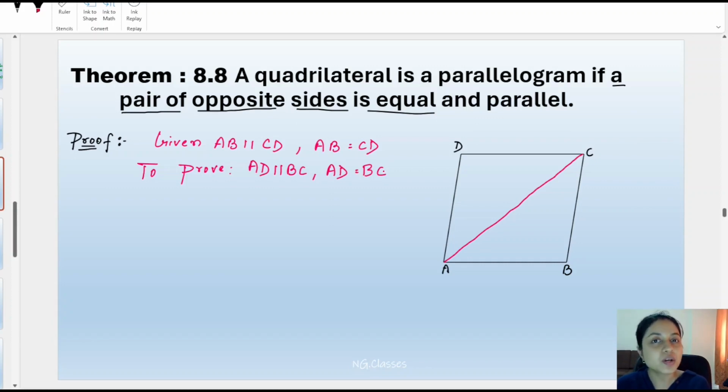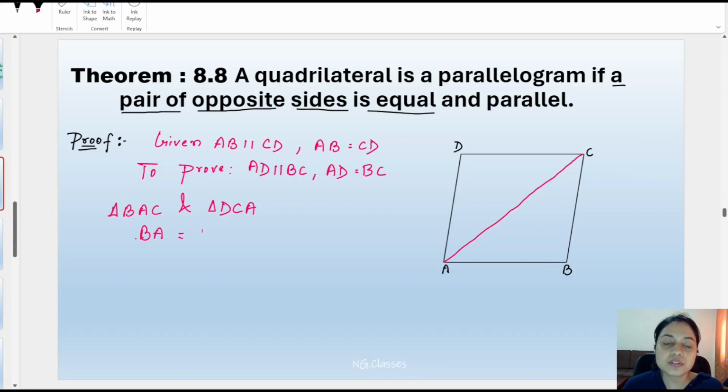Now let's focus on triangle BAC and triangle DCA. In these two triangles, we know that BA or AB is equal to CD. That is already given in the theorem.